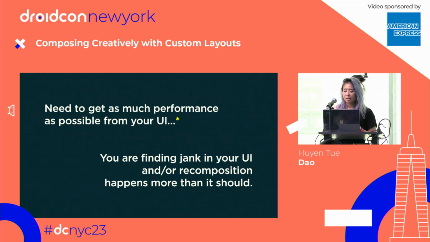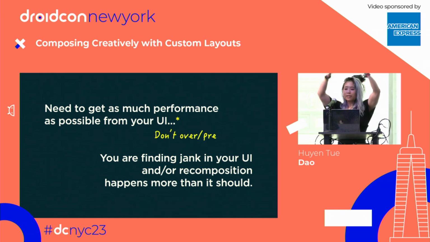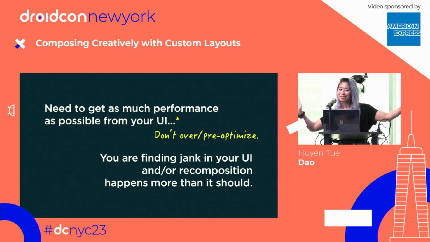So we're going to talk about performance for a second, which is always kind of a tough subject. There is a reason to use custom layouts when you want to squeeze as much performance as possible from your UI. Of course, big red flag, waving arms: don't over-optimize or pre-optimize your layouts. For all my Android fans out there with long-established, long-running successful apps that have to really tune performance and have your own performance teams, I'm very jealous.